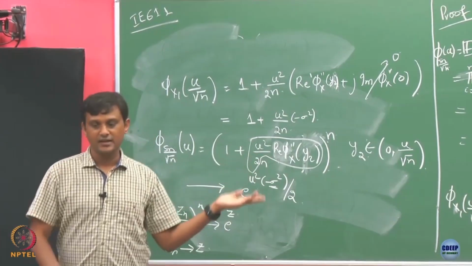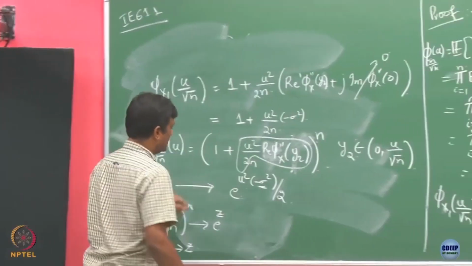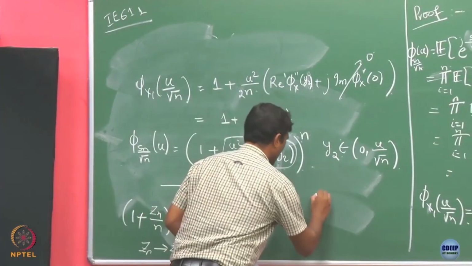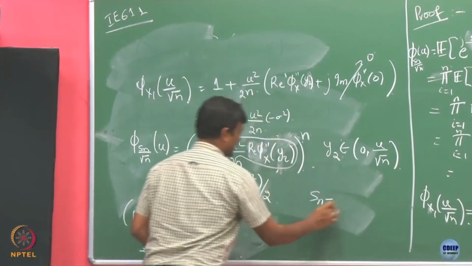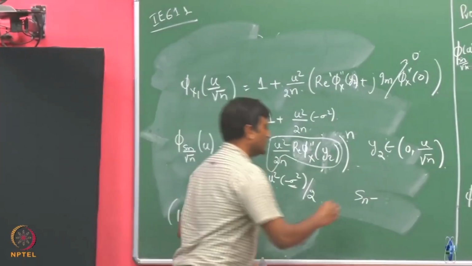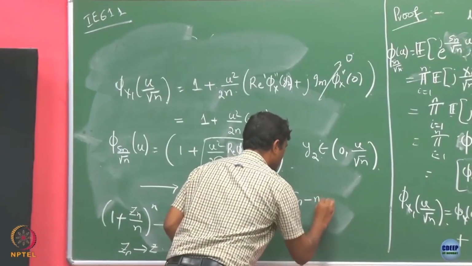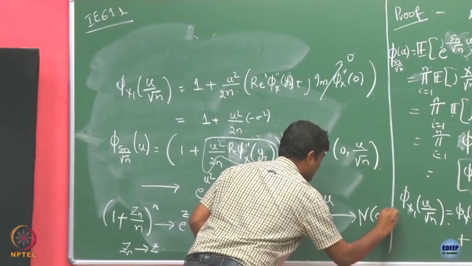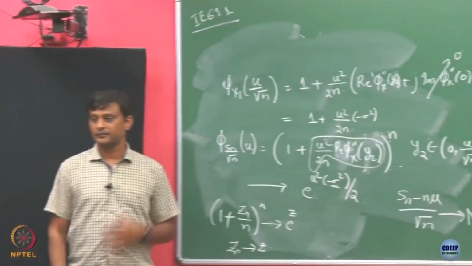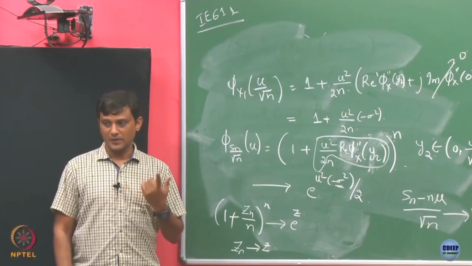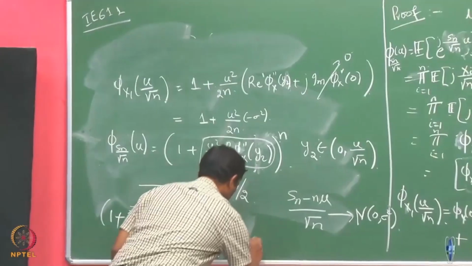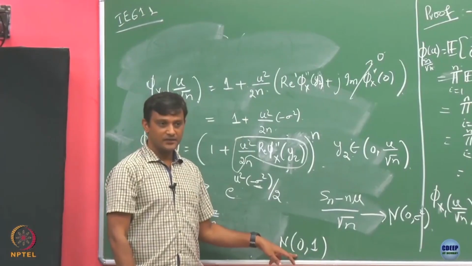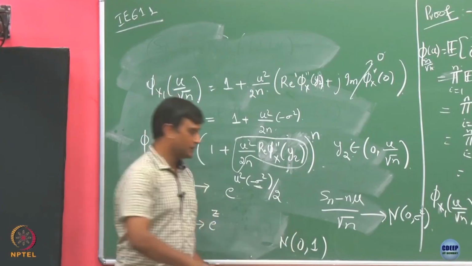So Sn by root n is converging to a distribution which has mean 0 and variance sigma square. One more terminology: in general, if the mean is 0 and variance is 1, then we call it standard normal.